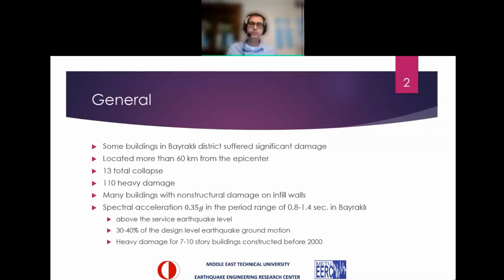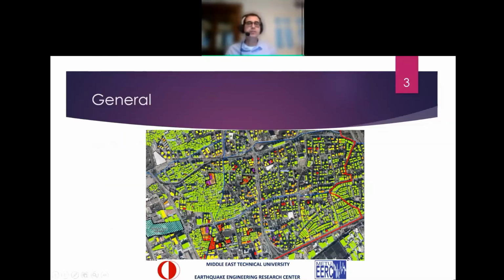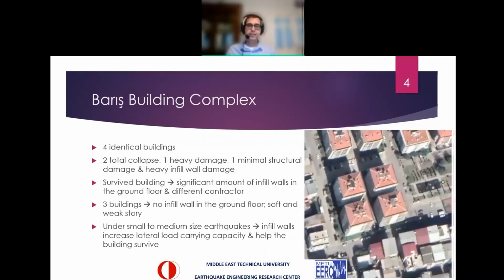Surely it is above the service earthquake level, but it is just approximately 1/3 of the design level earthquake ground motion. And we have heavy damage or collapsed buildings, especially between 7 and 10-story buildings constructed before 2000. Here you see the red ones either collapsed or have heavy damage.